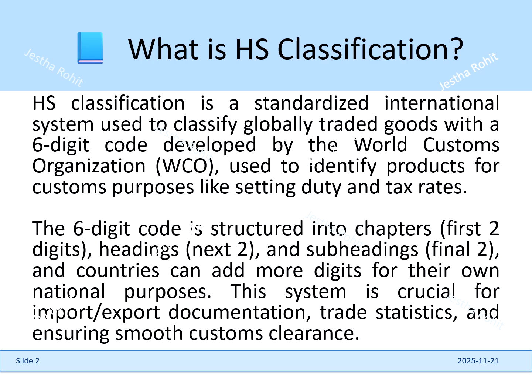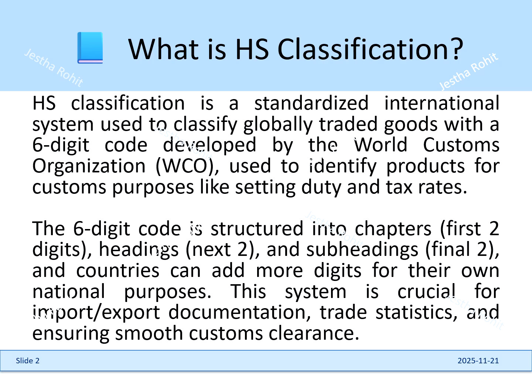HS classification is a standardized international system used to classify globally traded goods with a six-digit code developed by the World Customs Organization, used to identify products for customs purposes like setting duties and tax rates.